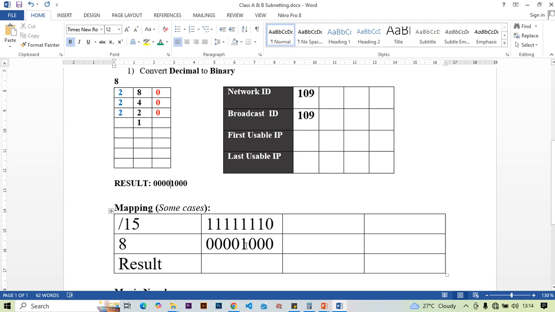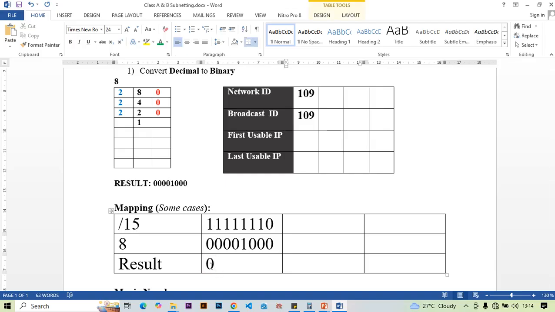So mapping it simply, we do some bit of truth tables, or basically some bit of multiplication. 1 by 0 gives us 0, 1 by 0 gives us 0, 1 by 0 gives us 0, and this other one is 1, 0, 0, 0.